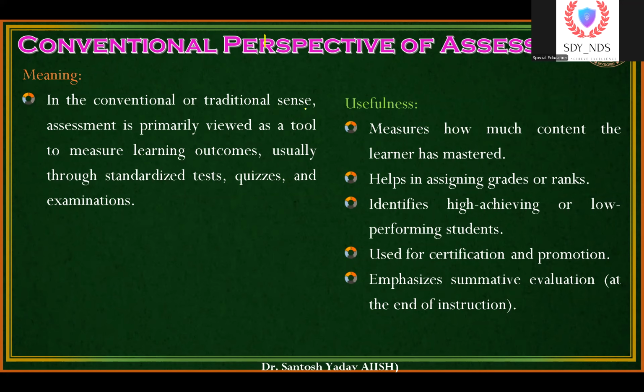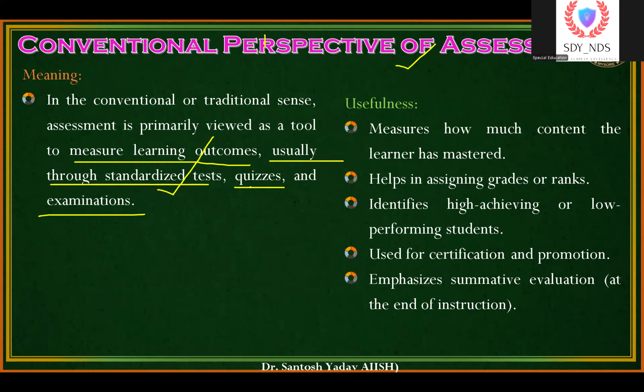In the conventional or traditional sense, assessment is primarily viewed as a tool to measure learning outcomes. The teacher used that tool to measure learning outcomes, usually through standardized tests, quizzes, and examinations. How did they test in the conventional perspective? They took a standardized test, like the final exam.